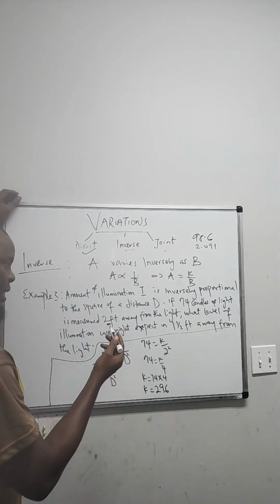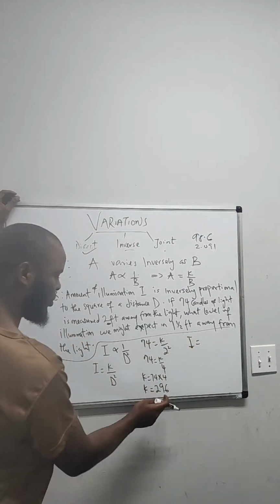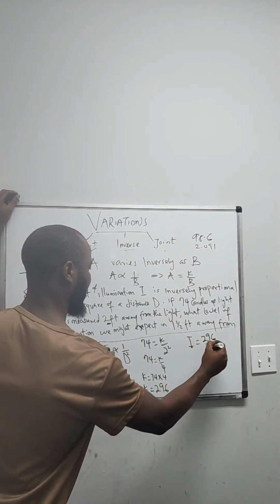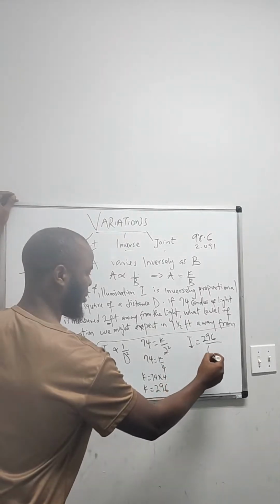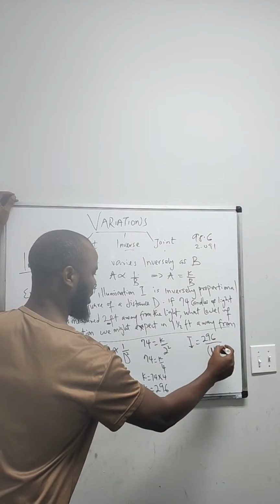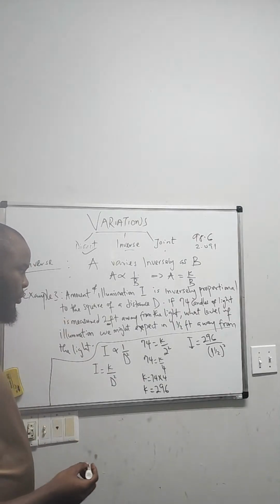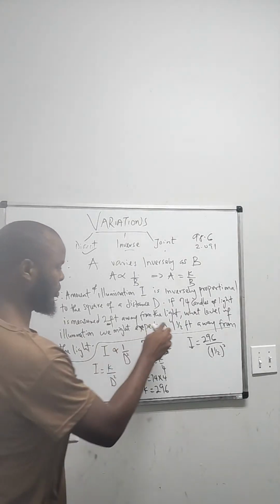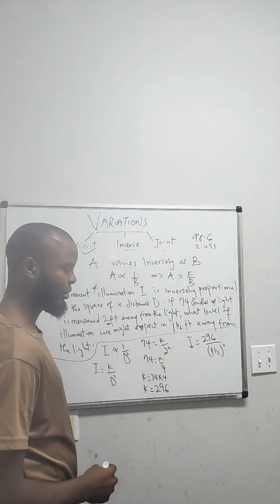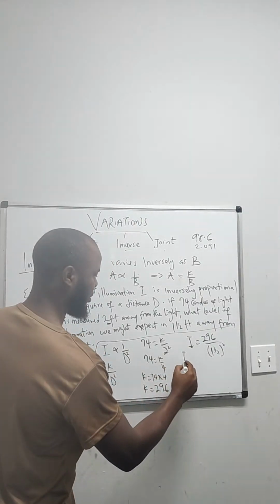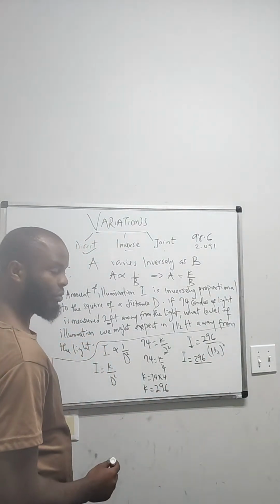Now, the next question asks what is going to be the value of I. We've gotten our K to be 296 divided by 1.5 feet squared. No, just 1/2, not 1.5. Oh, I thought you said 1.5. Okay, that's fine, 1.5 makes it interesting. So here we have 296 over 3 over 2 squared, which is 2.25.